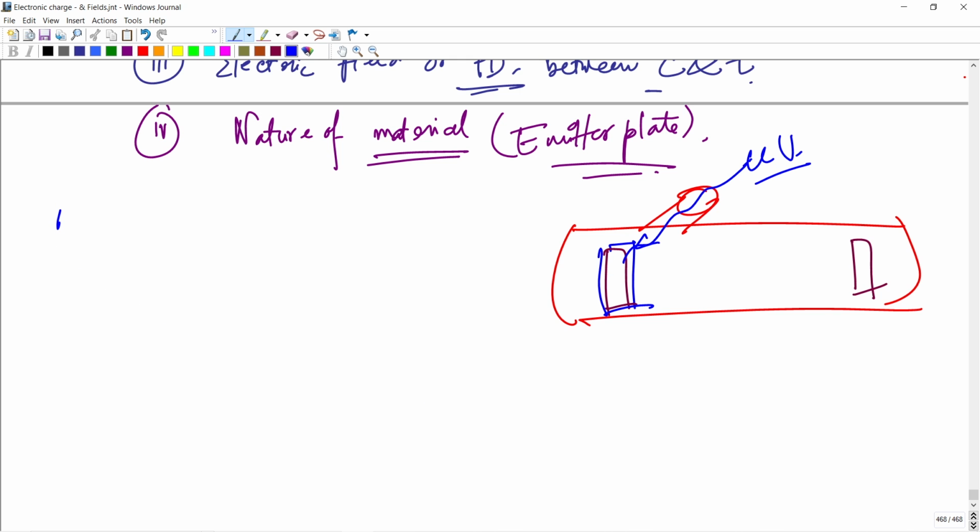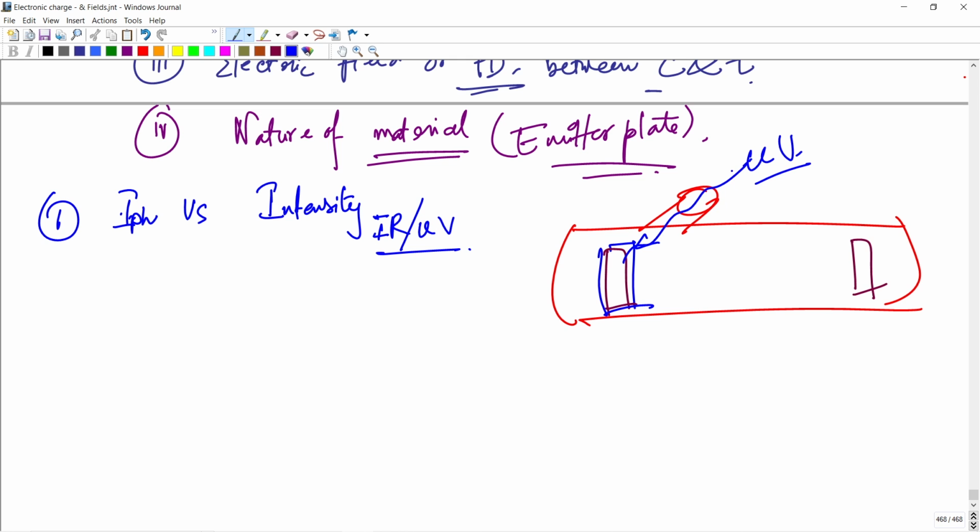So first, photocurrent versus intensity of incident radiation or UV light.